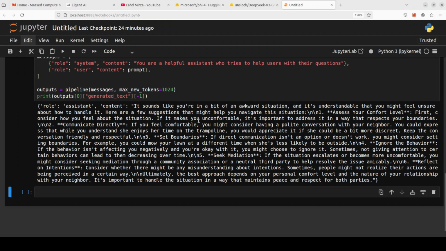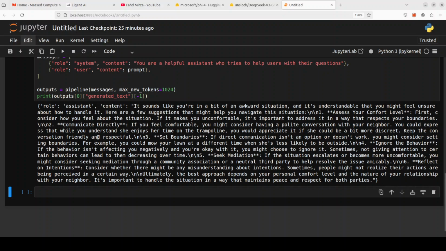The model is saying, it sounds like you are in a bit of an awkward situation. So the understanding of the model is quite good. It is very, very situationally aware, and it is saying that it's understandable that you might feel unsure about how to handle it. Here are a few suggestions that help you assess your comfort level.